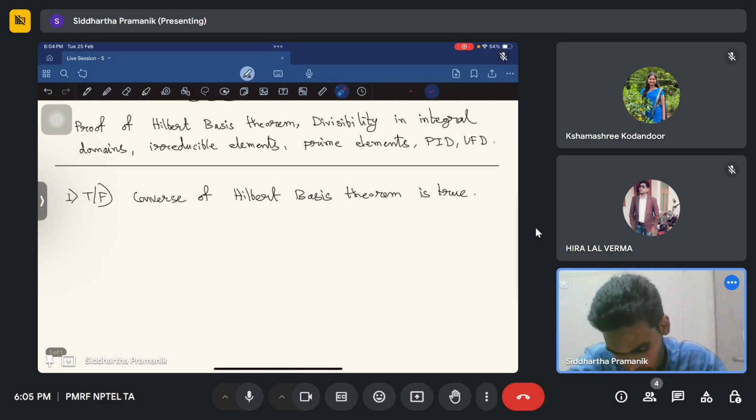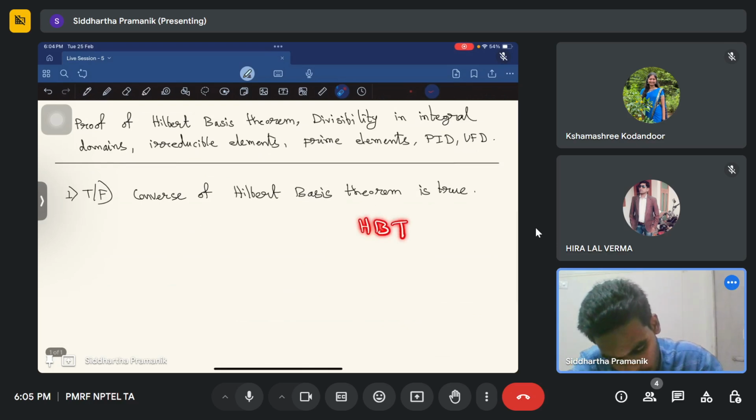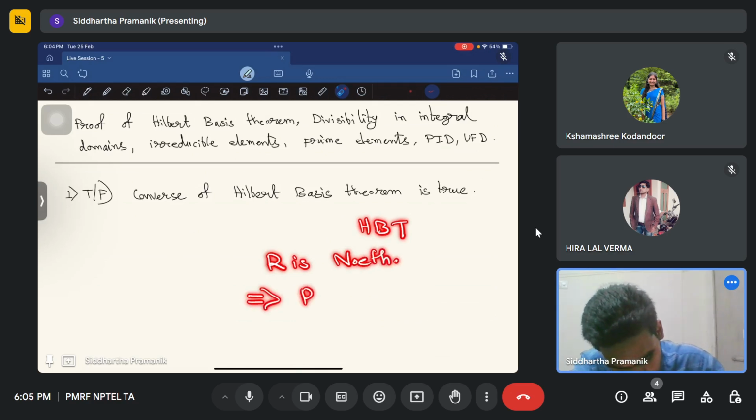We all know that Hilbert basis theorem says R Noetherian implies the polynomial ring R[x] is Noetherian.